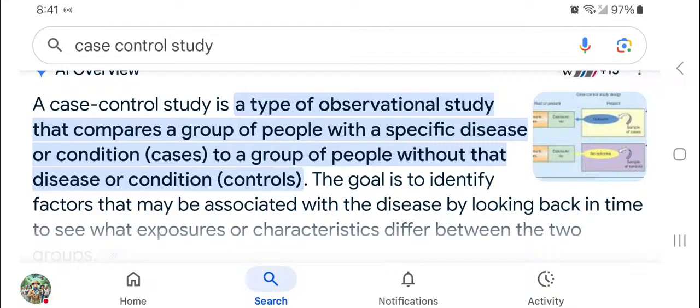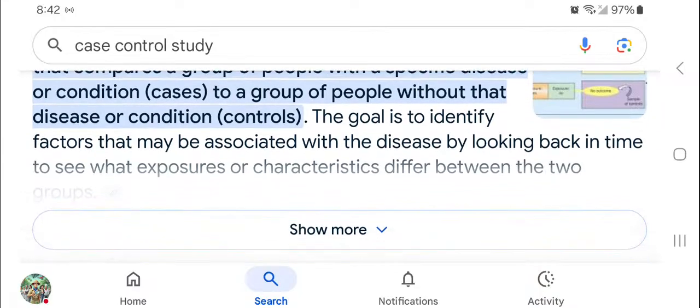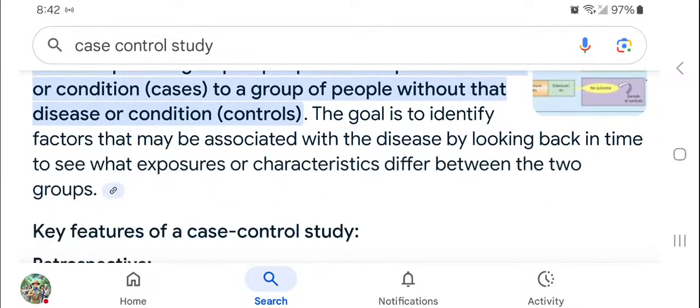It compares a group of people with a specific disease or condition, these are cases, to a group of people without the disease or condition, which are controls. The goal is to identify factors that may be associated with the disease by looking back in time to see what exposures or characteristics differ between the two groups.